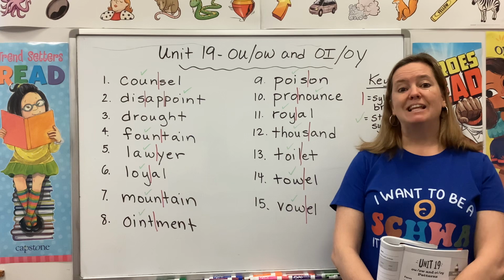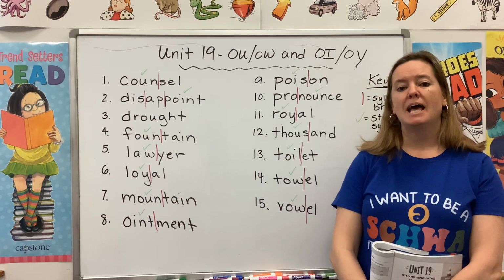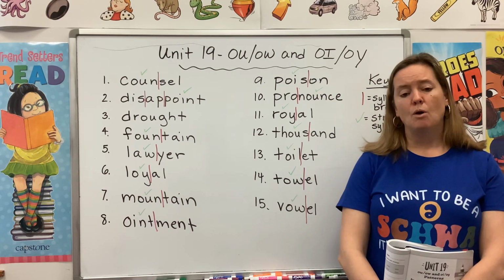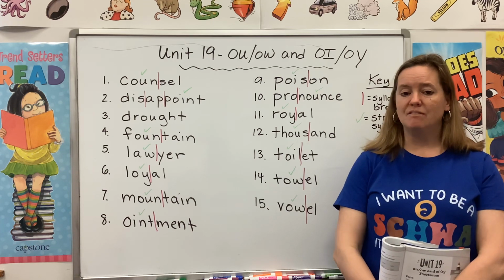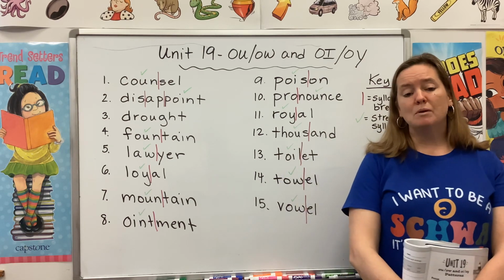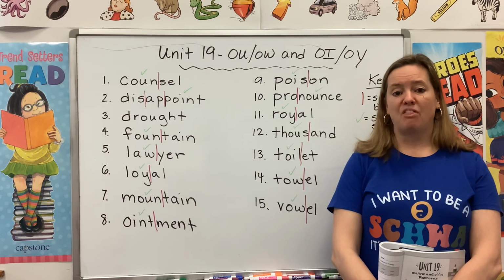All right, so for the last several weeks, we focused on vowel teams and letter combinations that make long vowel sounds. Well, we've gotten through all 5 long vowels, A, E, I, O, and U. And so today we're moving on to a new type of vowel team, and that's called a diphthong.